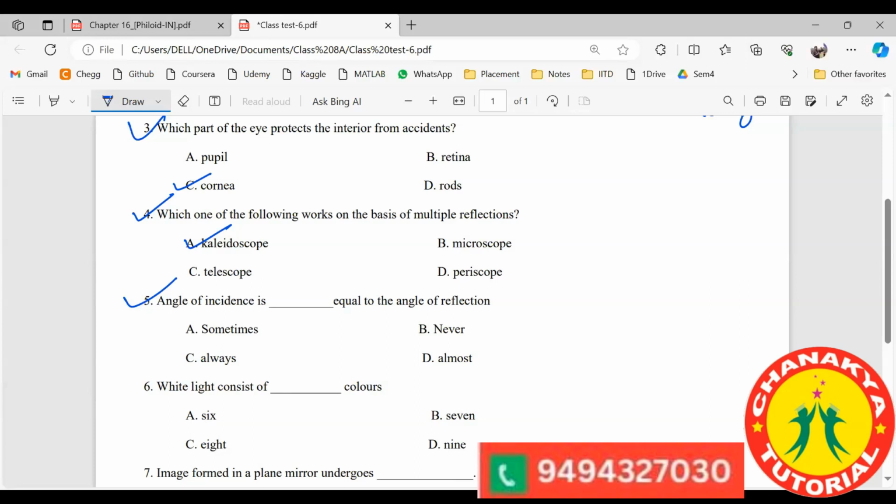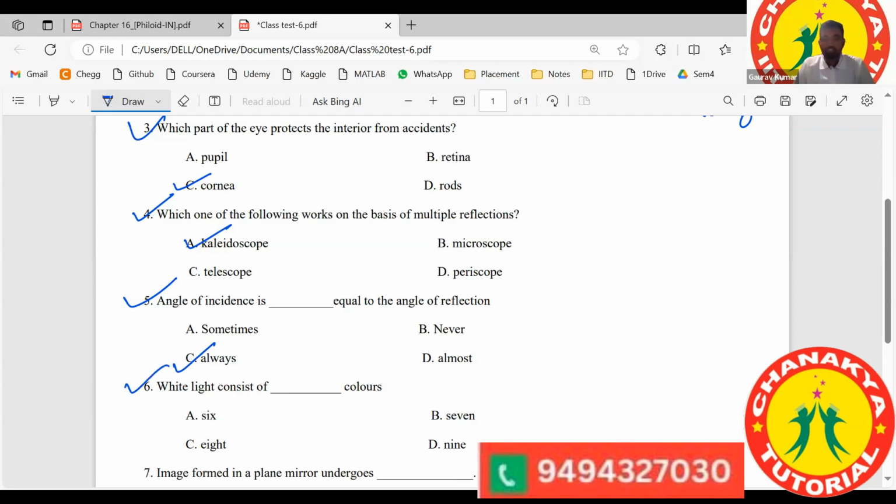Fifth question. Read it. Sir, it is always. Very good. Now, sixth one. White light consists of dash colors. Jitendra, you tell me. 7, sir. 7, very good.